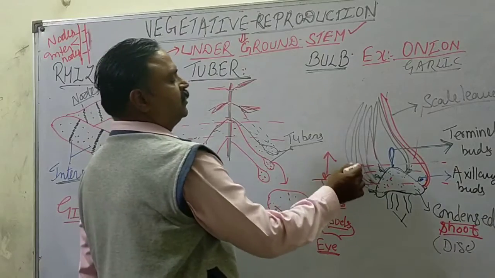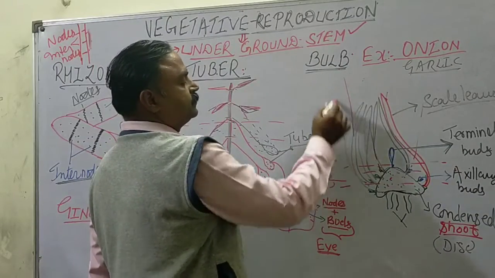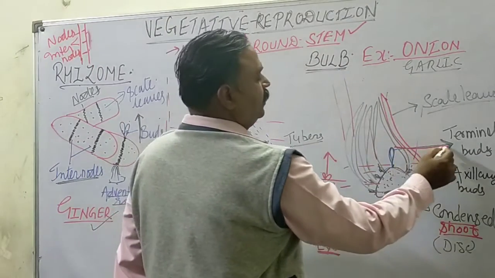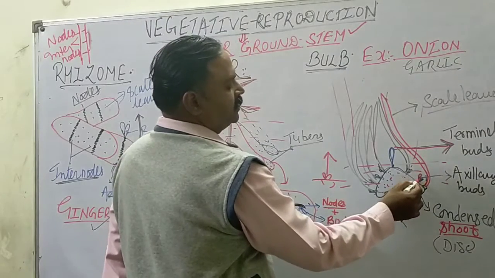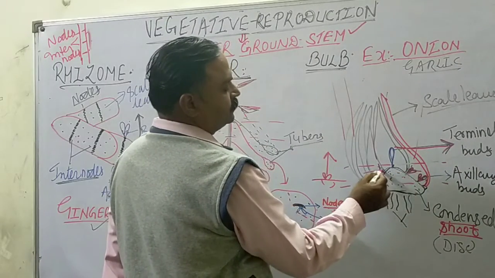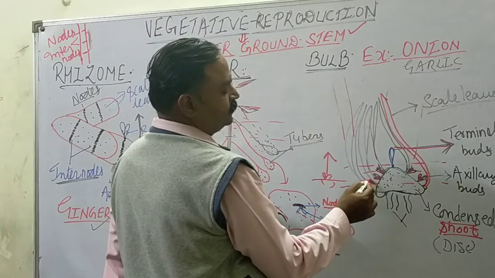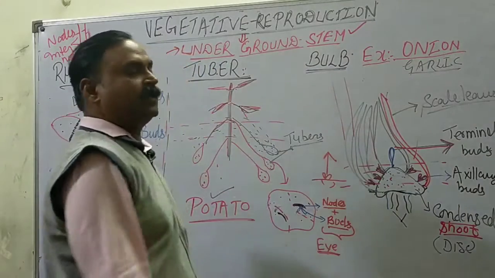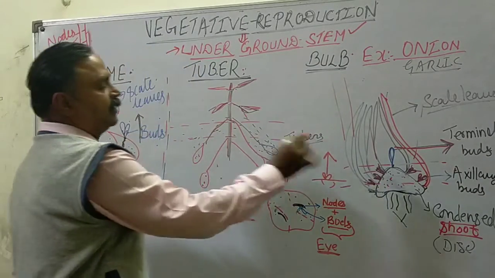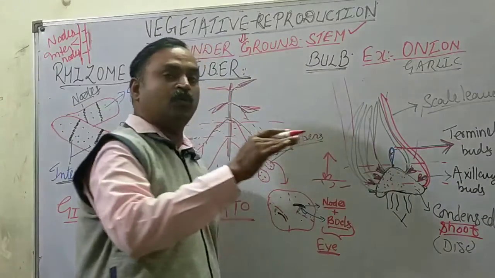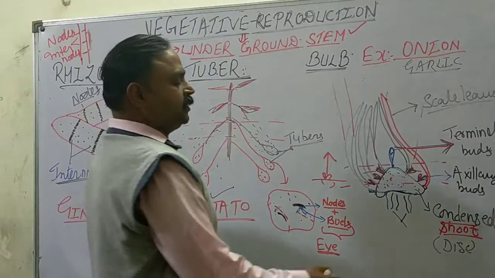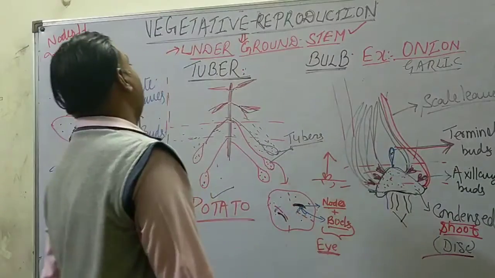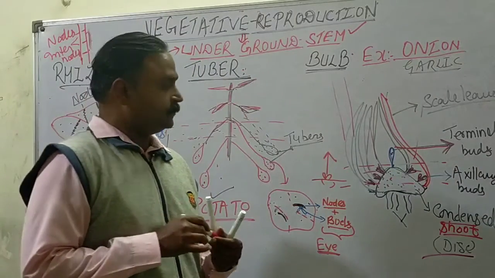These buds give rise to the new plant. This is the terminal bud in the center and all these are axillary buds. So this is the explanation for each example, whether it gives rise to a new individual or not. So this is all about underground stem.